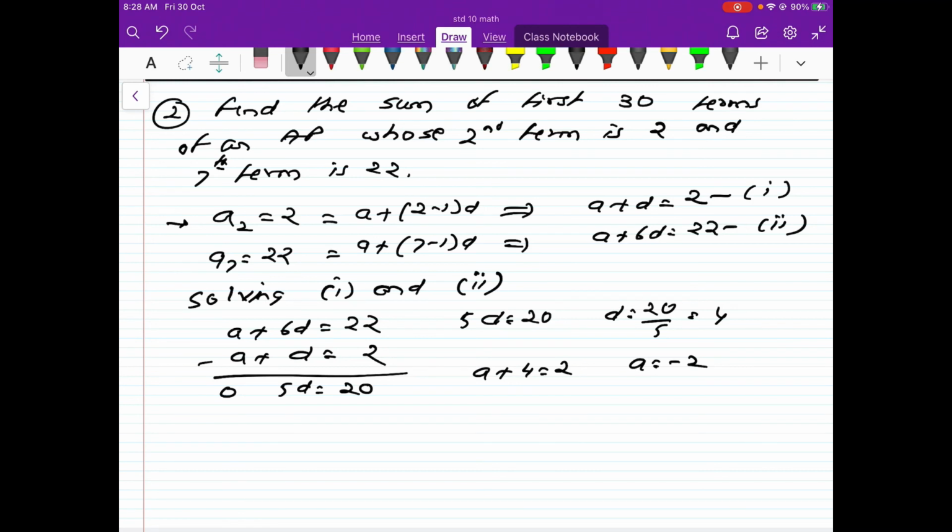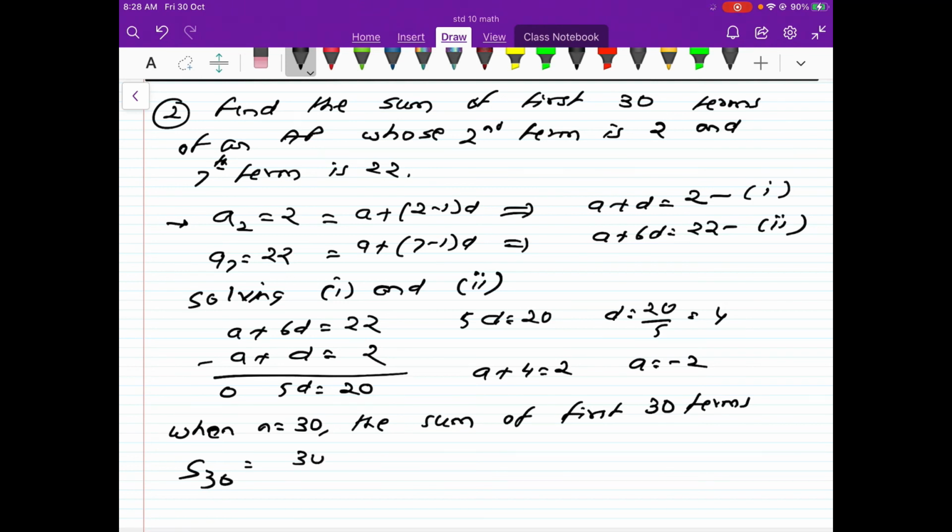Now we will find the required sum. When n is equal to 30, the sum of the first 30 terms will be given as S30 is equal to n upon 2, means 30 upon 2, into (2 into a, where a is minus 2, so I am putting it in brackets, plus (n minus 1), so 30 minus 1, into d, so the common difference is 4).